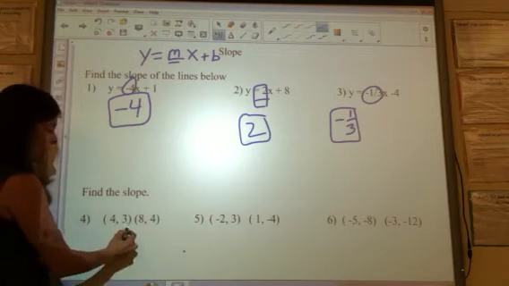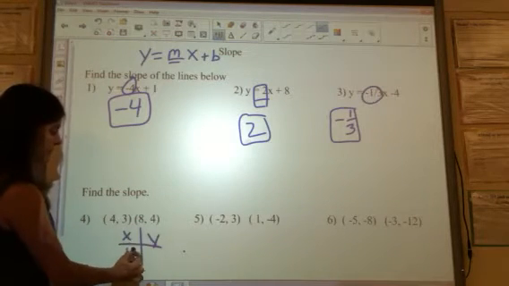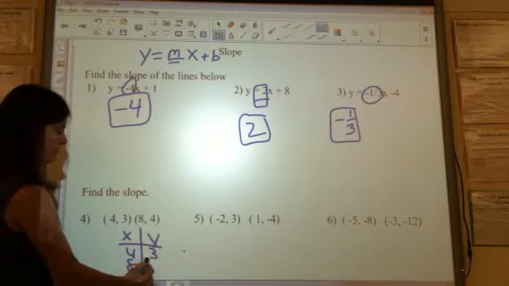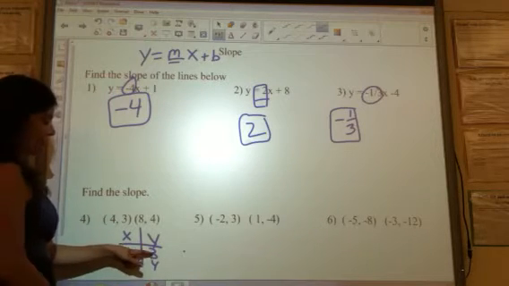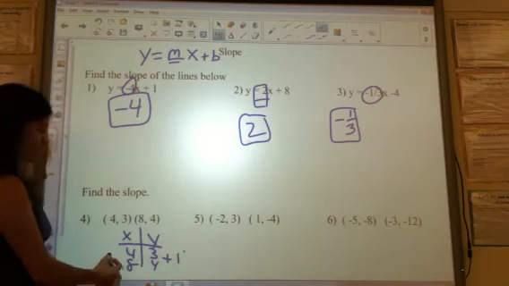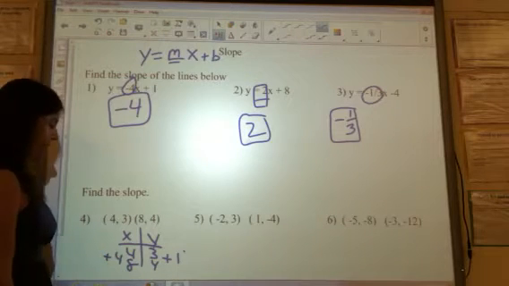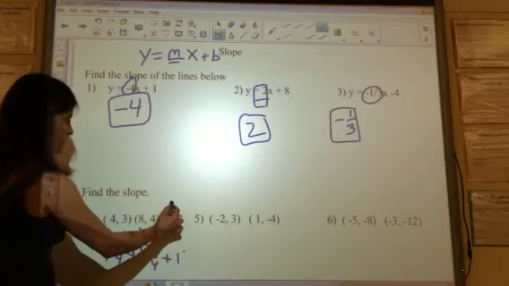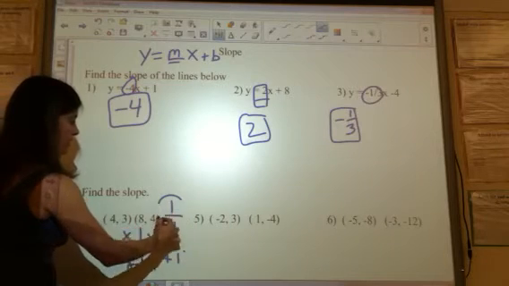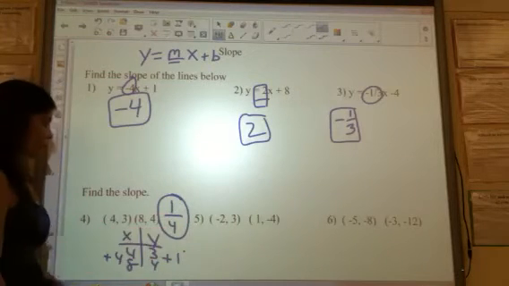Okay, I'm going to do it both ways. I'm going to use my XY chart method. 4, 3, 8, 4. So here I'm adding 1 to my y, and I'm adding 4 to my x. So rise is the y, run is the x, 1/4.